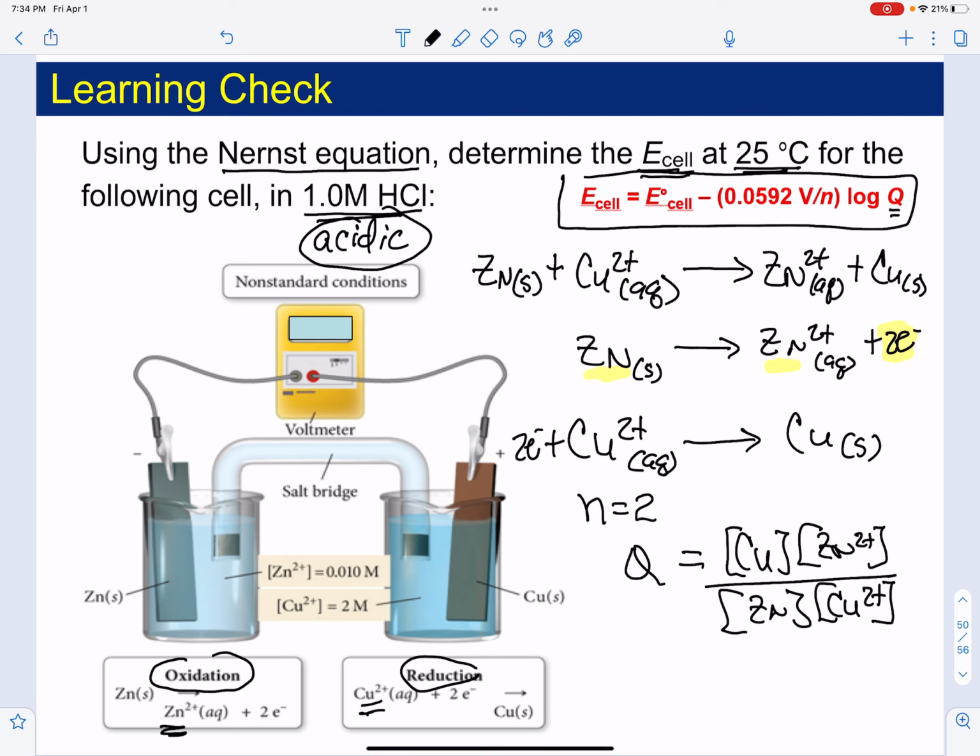However, the zinc is solid and the copper is solid, so those don't go there. The solids have to go, and the only things I'm going to have are my aqueous species. So that's going to be my Q. And it's all 1 to 1, so it's to the power of 1 and to the power of 1. So I have my Q, I have my n.